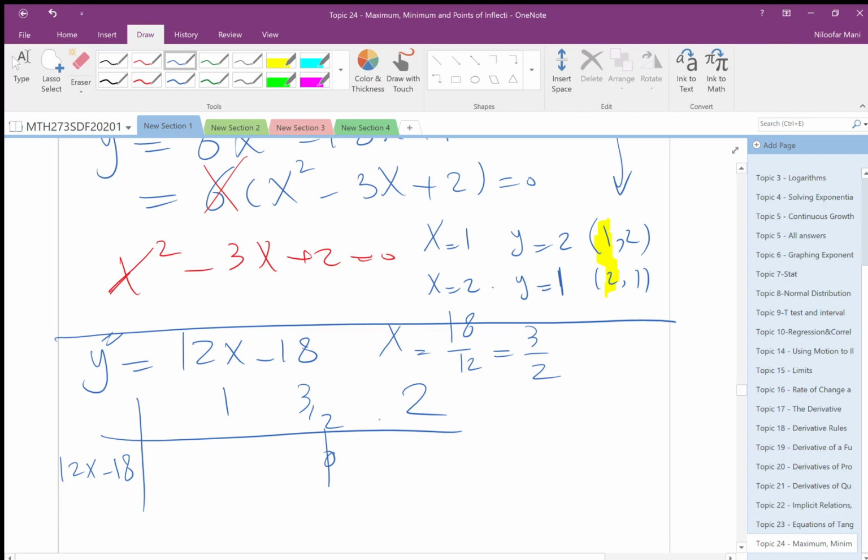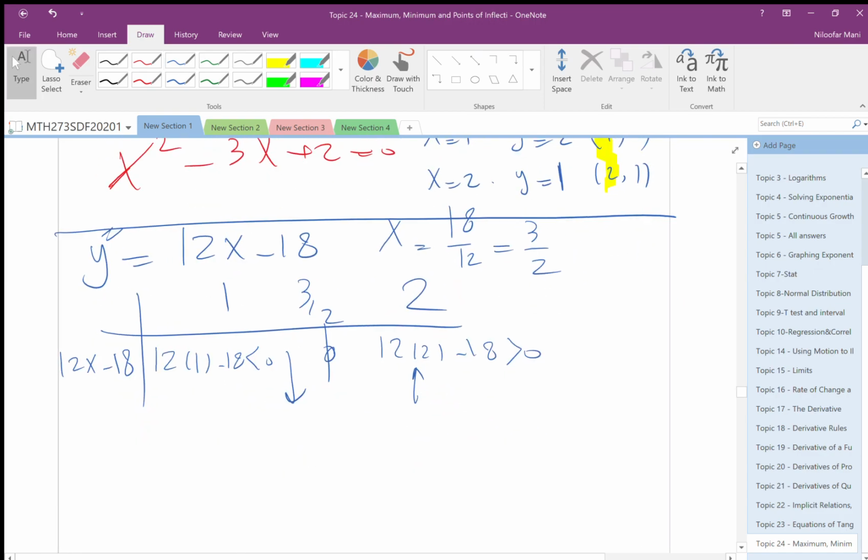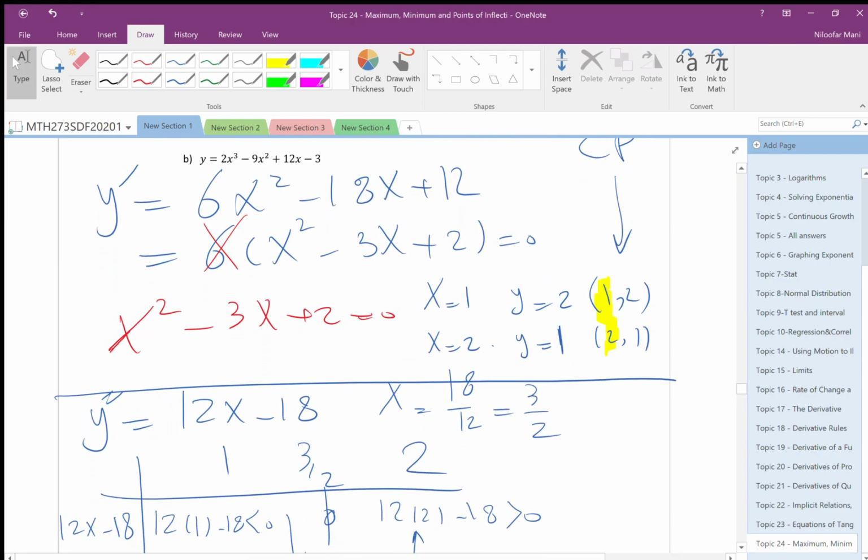Okay, here when you put 2, 12 times 2 minus 18 is positive, concave up. 12 times 1 minus 18 is negative, so concave down. So yes, 3 over 2 is point of inflection. Or I can say 3 over 2 is where point of inflection happens, because I have to find y. Okay, so now I check.